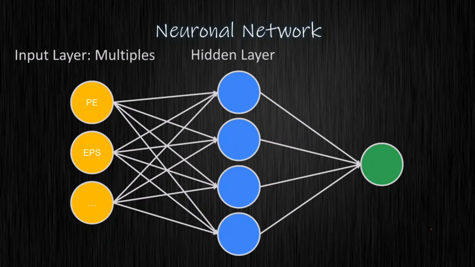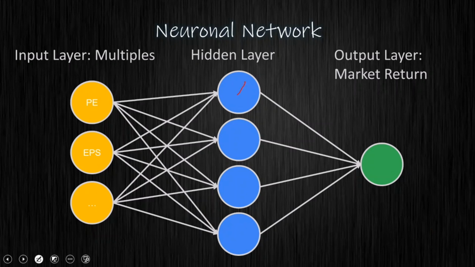Then we have a hidden layer, and then we will have the last layer, which would be the market return, so the outcome of what we are going to do. So theoretically, it makes sense to use a neural network, because there may be some combination of multiples.